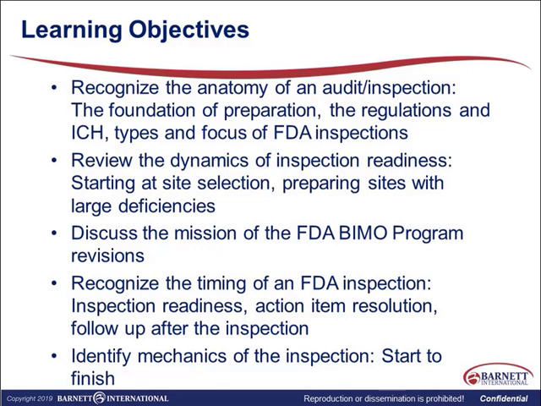We're going to look at the timing of an FDA inspection, what they're doing as of the last few years. They're trying to come out earlier. In the past, the FDA used to come out when the study was over, and it could have been over and done with a couple of years ago even. They realized that there's not very much bang for the buck, if you pardon that expression, because they're inspecting something that's closed, so they can't really affect any change for that particular study.